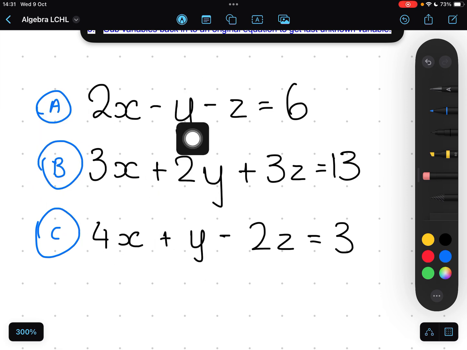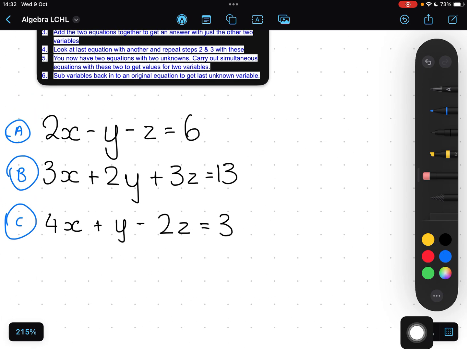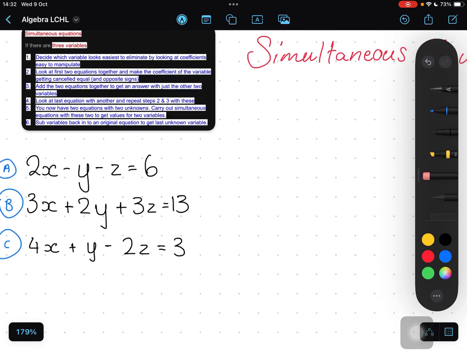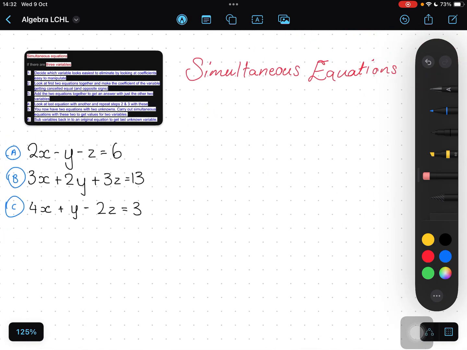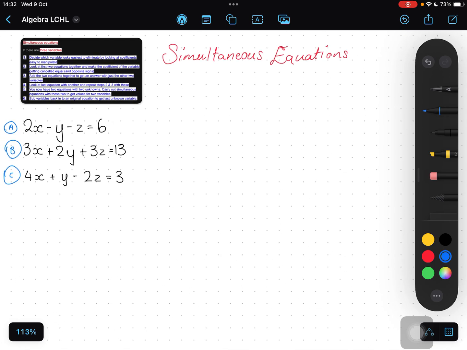If you compare it to the y's, if I was trying to get the y's to cancel in A and B, all I'd have to do is multiply A by 2. Likewise, I could take the equations A and C, and they already have the same number in front of the y's. So that's what we went through in class. How do we decide which variable we want to get rid of? We said we wanted in this question to get rid of the y's.